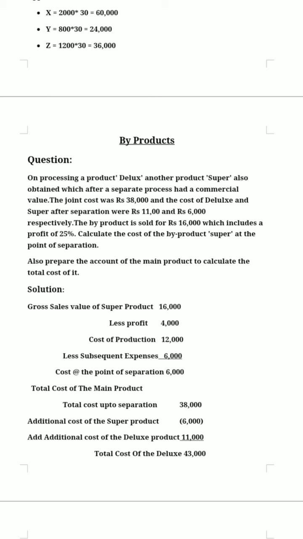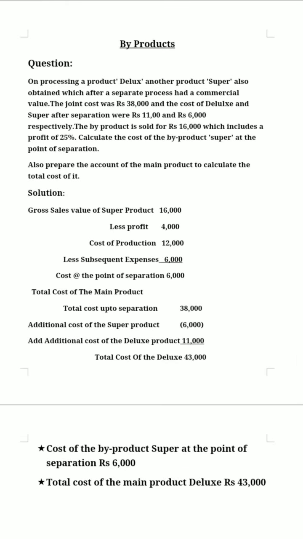Also we need to add the additional cost of the main product to the total cost up to the separation. So we get the cost of the main product. From the total cost up to separation of 38,000, deducting the byproduct cost of 6,000 we get 32,000, and adding 11,000 to this 32,000 we get the cost of delivers, that is the cost of the main product is 43,000.